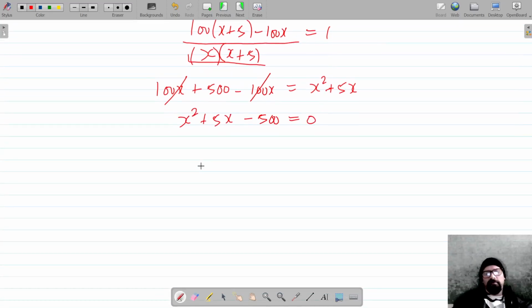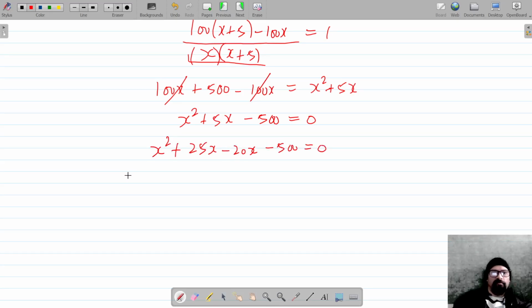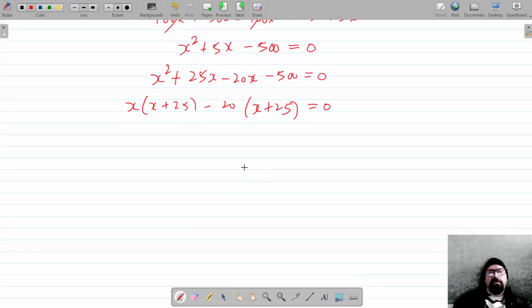Now let's try to solve this quadratic equation, and we know that 25 into 20 is 500. So this is x squared plus 25x minus 20x minus 500 is equal to 0. So here it's x plus 25, and negative 20 we take common, so x plus 25 is equal to 0.